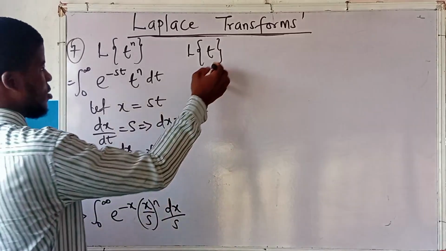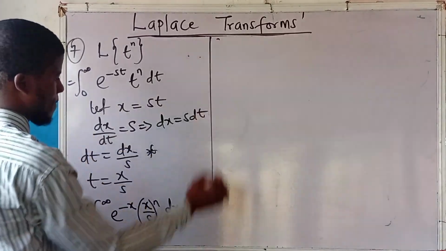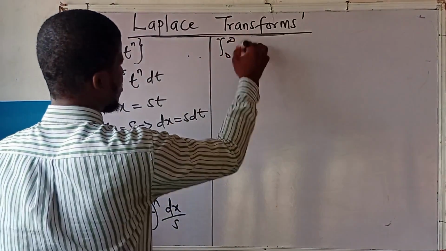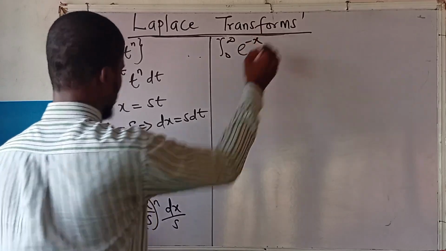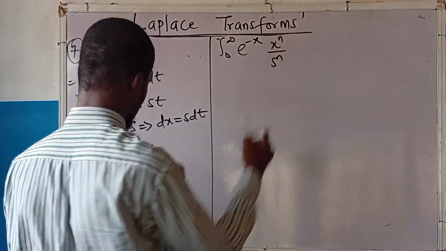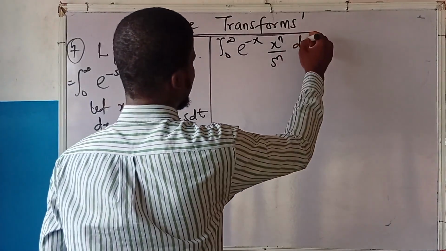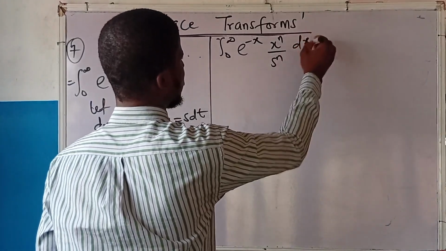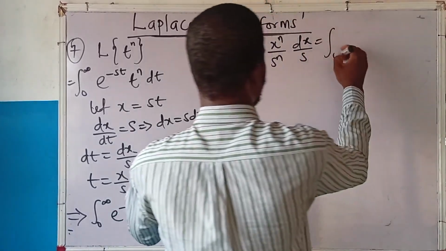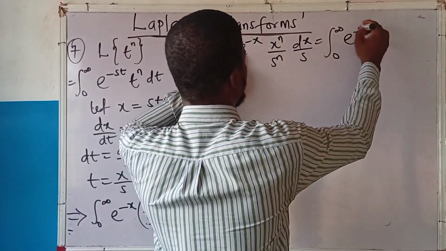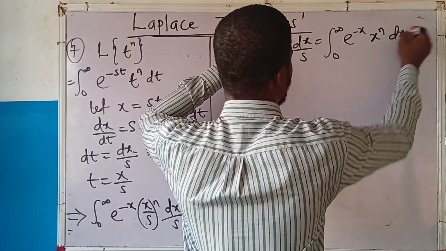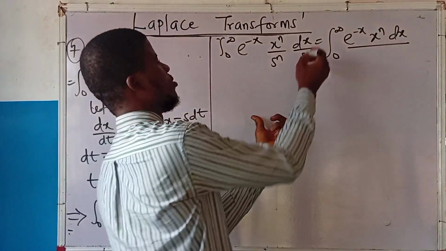Alright, let's expand this integral. This is the integral from 0 to infinity of e to the power of minus x, then x to the n, dx over s, over s. So I can simplify this to get the integral from 0 to infinity of e to the power of minus x, x to the n dx, all over s to the power 1 times s to the power n.